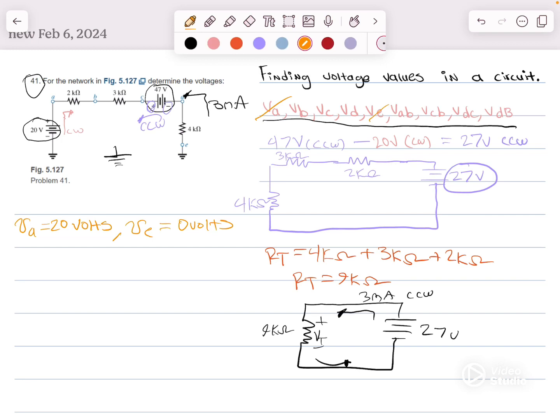So like we just found out, we have 3 milliamps going counterclockwise. And now we can talk about the drops across our resistors. So remember that depending on the direction of current is how we determine those pluses and minuses on our resistors.